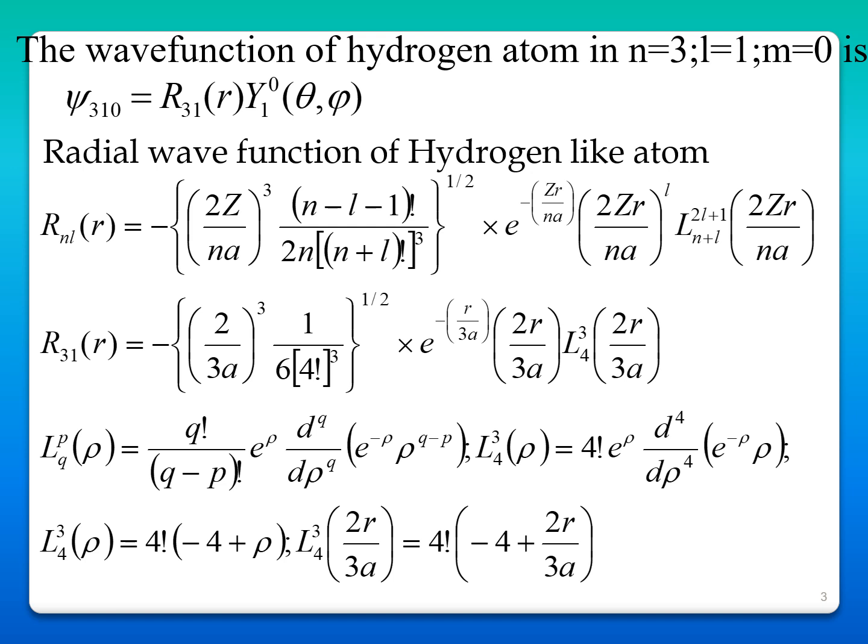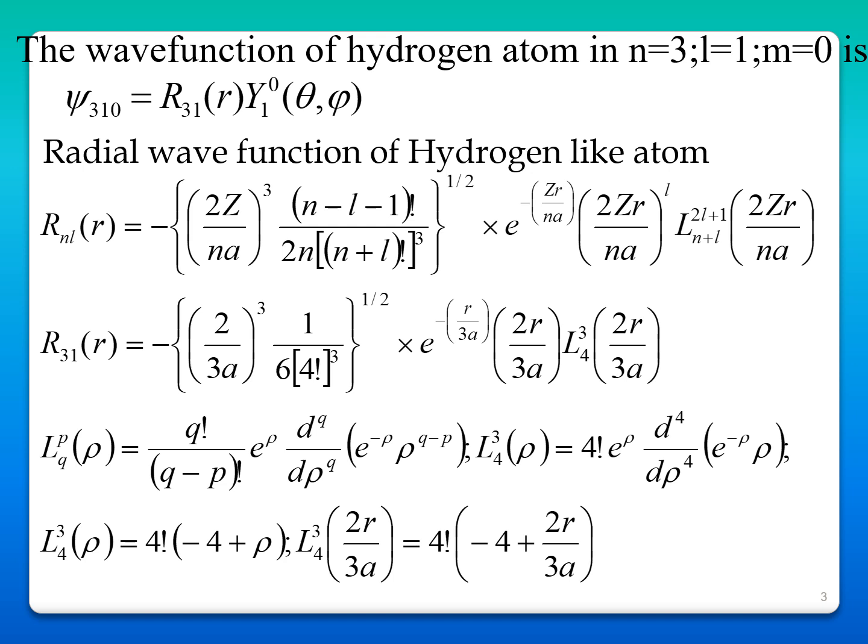If you substitute n equal to 3 and l equal to 1, we get the Laguerre function L for 3 of 2r by 3a, and for a hydrogen-like atom Z is equal to 1.